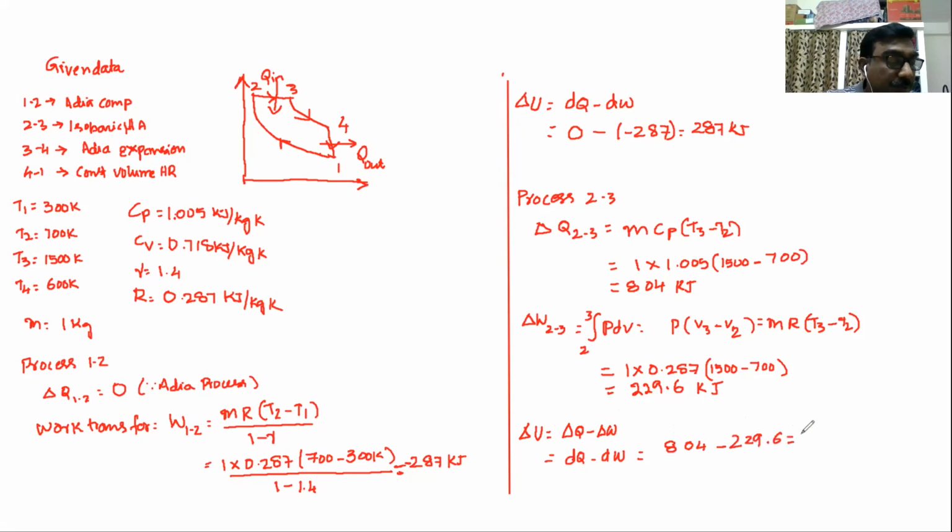So this is equal to 574.4 kilojoules. So you can see here, this is also positive. There is an increase in the internal energy. Why is the internal energy increasing? Because we are adding the heat. Out of the heat supplied, some amount of energy has gone in the form of work. Okay. So this is about the process 2-3.